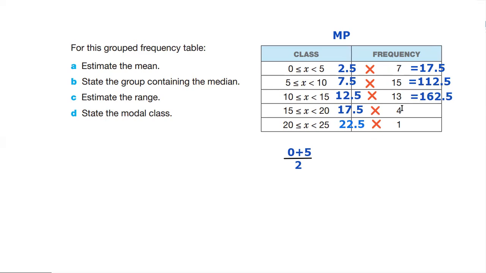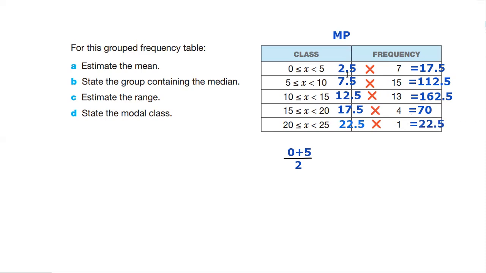And then here we have the first one, which is 17.5 times 4. And the answer is 70. And the last one multiplied by 1 gives us the same number, which equals 22.5.